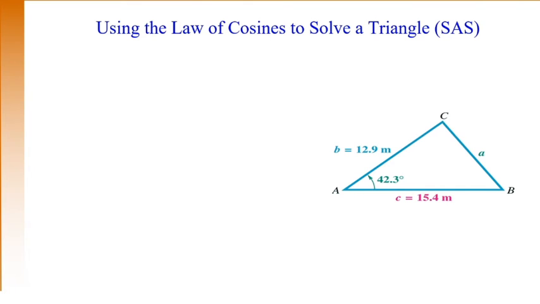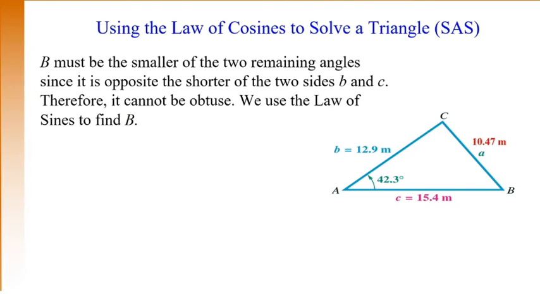Now that we already have the value of a, which is 10.47, we are going to decide which angle we are going to get first. To decide, we have to get the smaller of the two remaining angles. The smaller of the two will be angle B. Why?